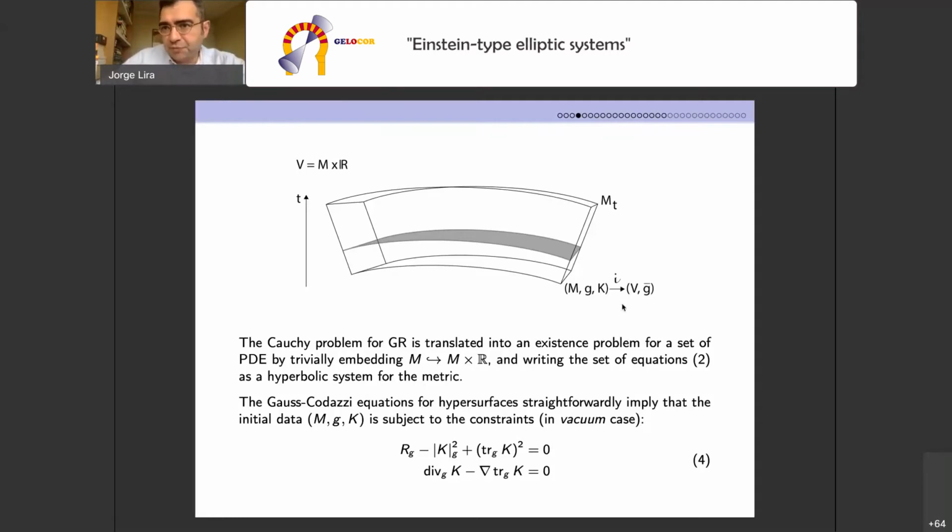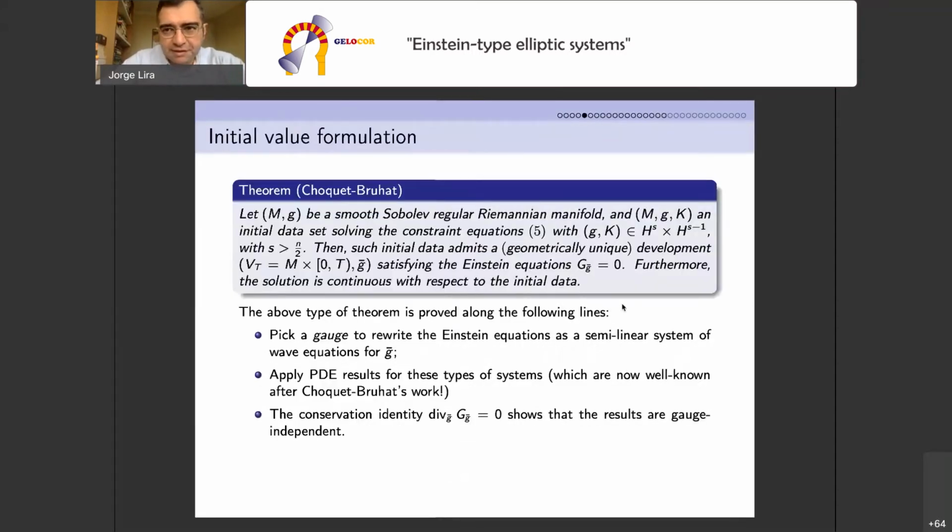So the real purpose is to focus our attention on this system (4). And the classical result due to Choquet-Bruhat, following the work by Lichnerowicz, is this one.